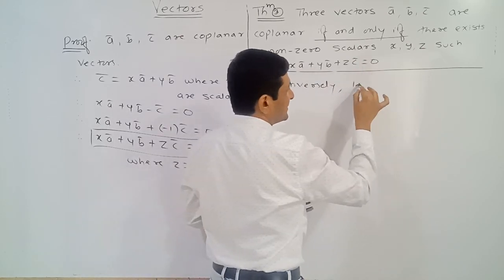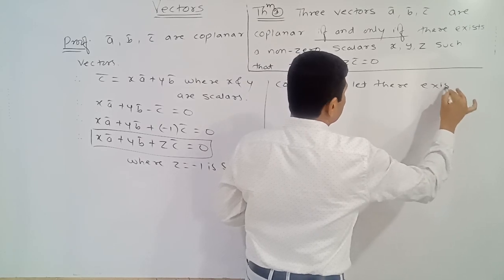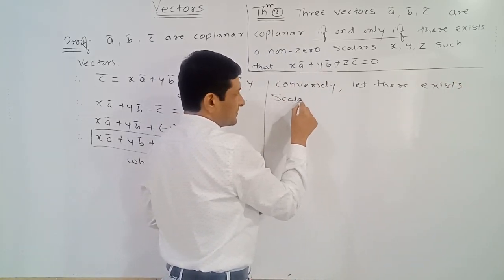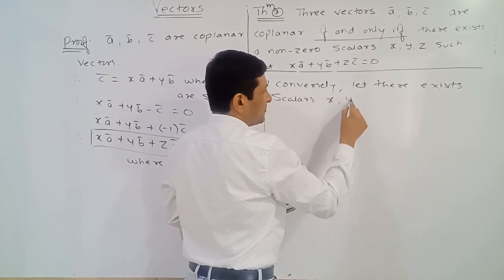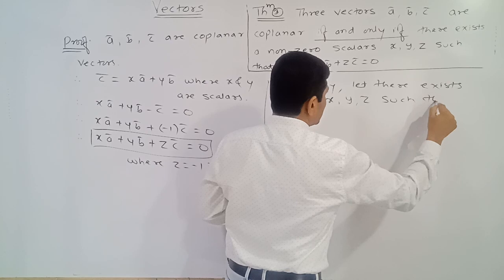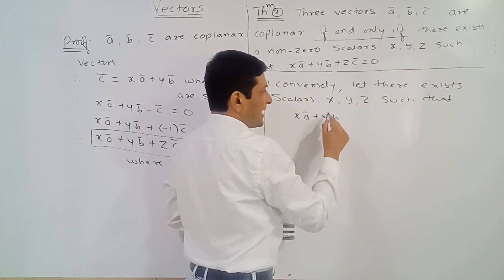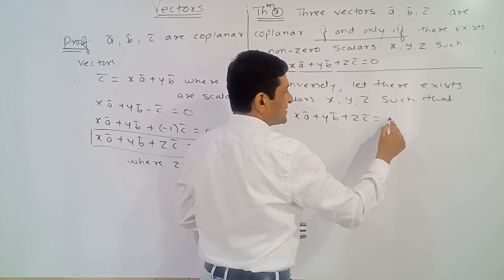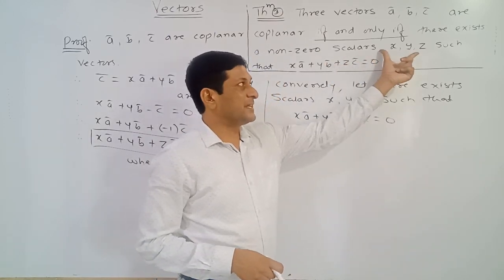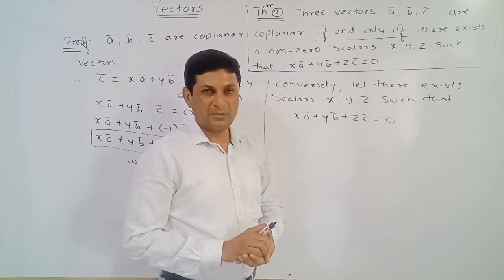Conversely, let there exist scalars x, y, z such that the value of x a bar plus y b bar plus z c bar is equal to 0. So now we are considering the second part: there exist scalars such that the value of this linear combination is equal to 0.